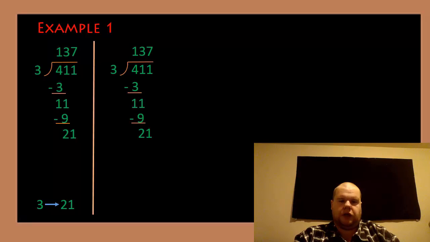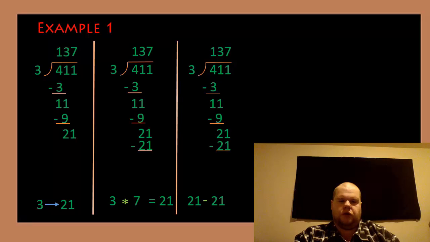For step 10, we take 7 times 3, and we get 21. And we subtract it from 21. Well, fortunately in this case, 21 minus 21 is equal to 0. So we have a 0. That means that 411 divided by 3 is 137.